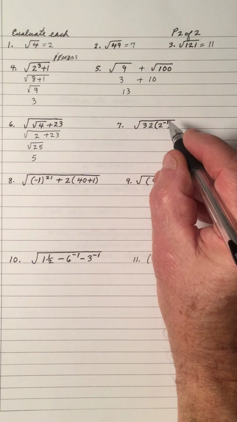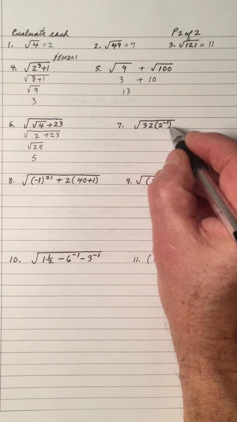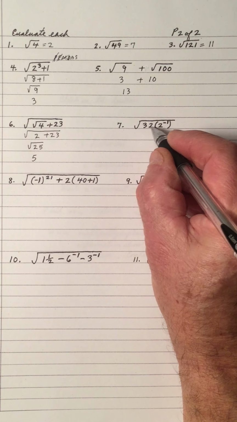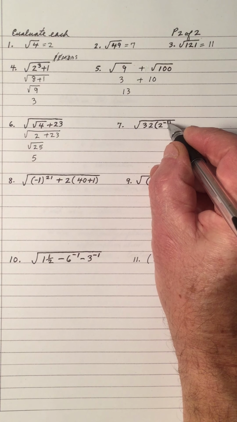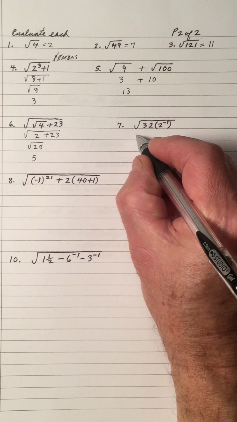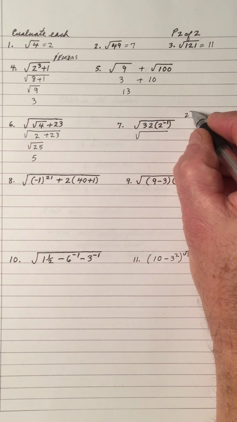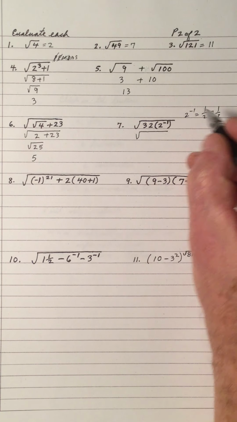So just extra practice. The square root of 32 bracket 2 to the negative 1. So 32 with the bracket with the 2 to the negative 1 is a multiplication. So let's work out 2 to the negative 1. So 2 to the negative 1 is 1 over 2 to the 1, which is 1/2.